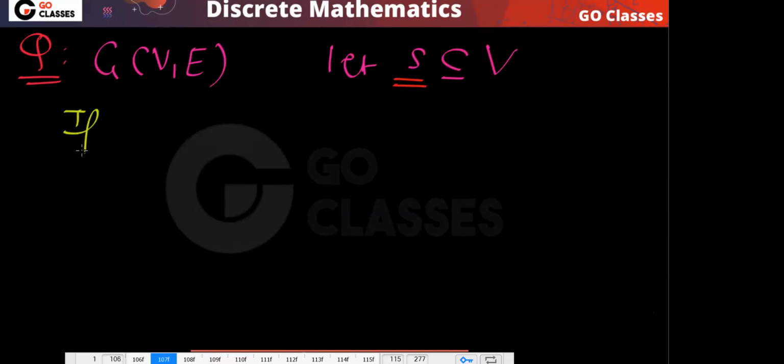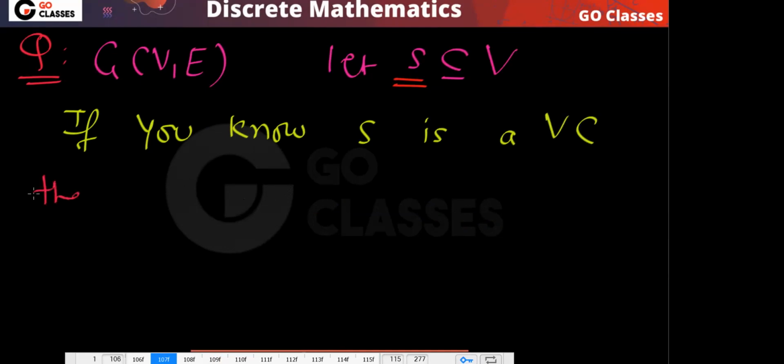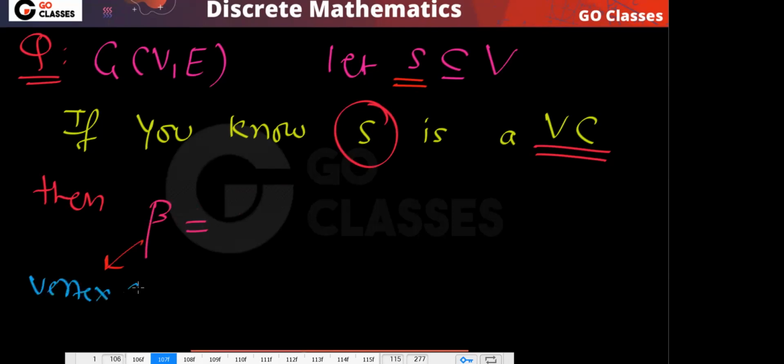Now tell me, if you know S is a vertex cover, then what can you say about beta? Beta means the vertex cover number. If you already know S is one of the vertex covers, then what can you say about beta?